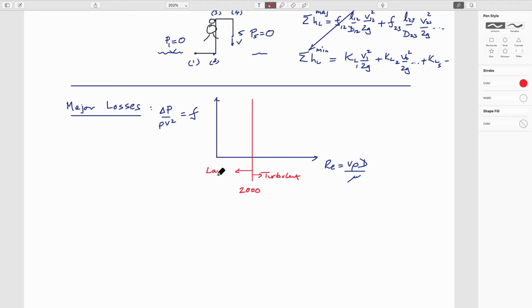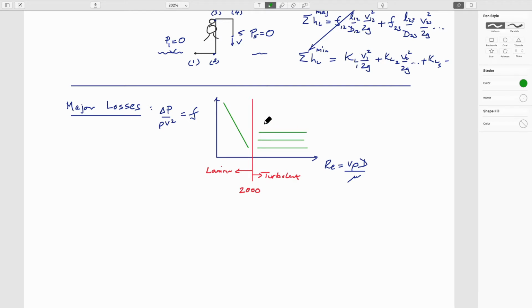This is laminar, so this is the deck of cards being scooped over each other. And in terms of these components, in the laminar regime, the friction factor is a function of Reynolds number. It varies with Reynolds number, I guess inversely. And in the turbulent regime, it's constant with Reynolds number.